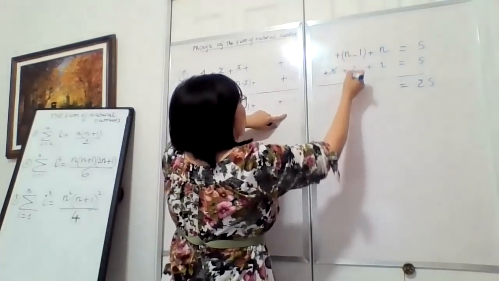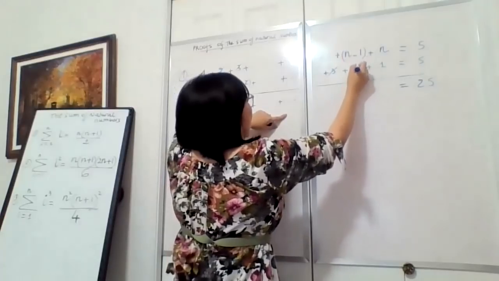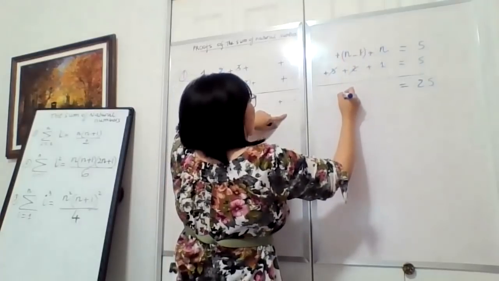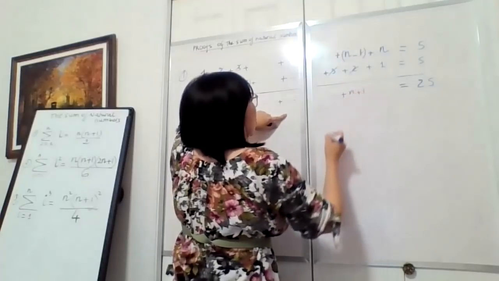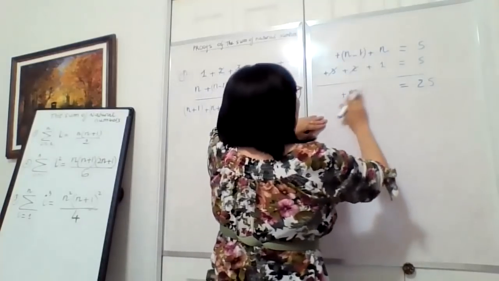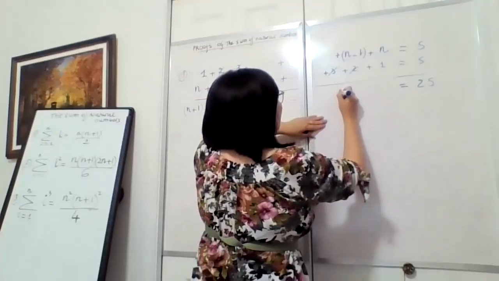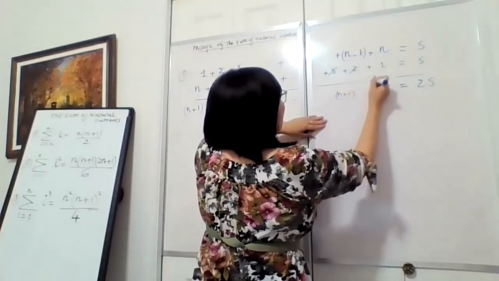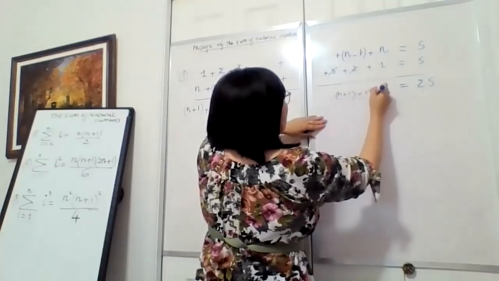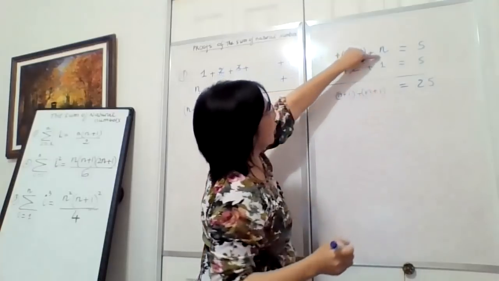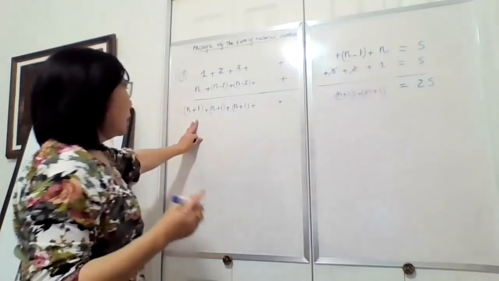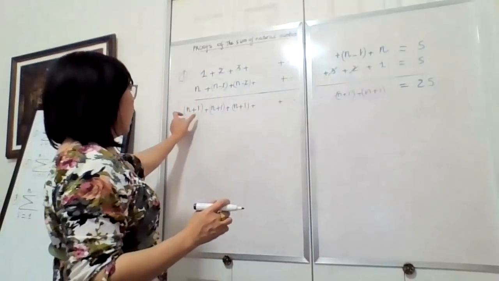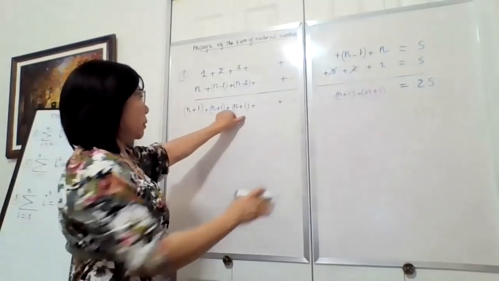So this will cancel with something, and this one will cancel with this one. So this will become n plus 1 as well. And this will also be n plus 1, the last term, n plus 1, right? So now all of them turn out to be n plus 1, n plus 1, n plus 1.